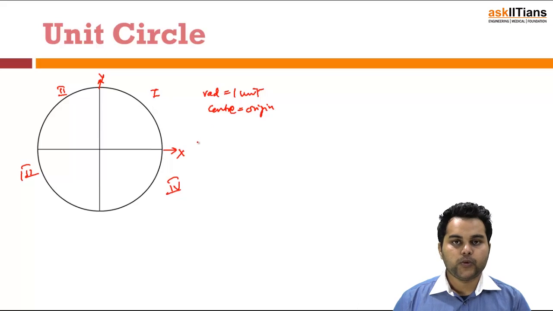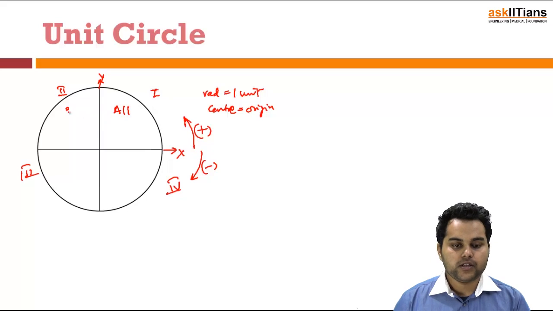Only 2 rules need to be kept in mind while plotting the angle on the unit circle. First is, when moving anti-clockwise, the angle is positive, and when clockwise, the angle is termed as negative. That's a convention we follow. So suppose I need to find out the value of sin theta, cos theta, or tan theta in the first quadrant. So I have 6 trigonometric ratios and all of them are positive in the first quadrant.